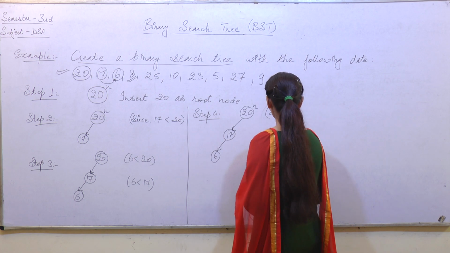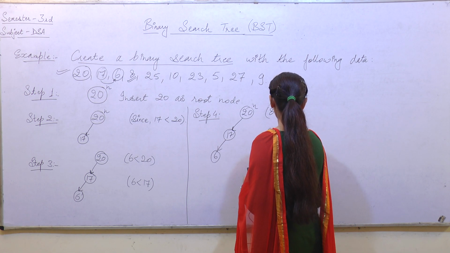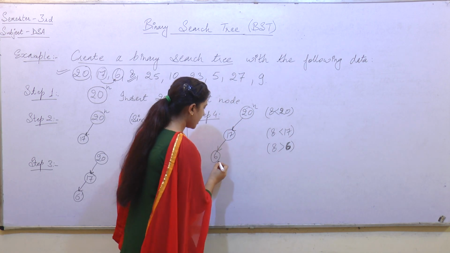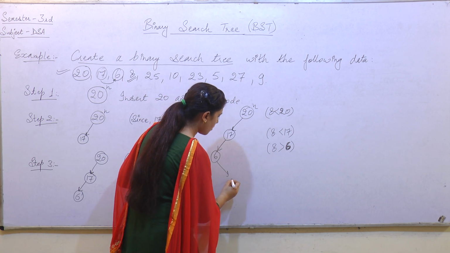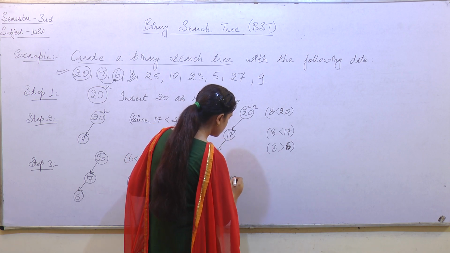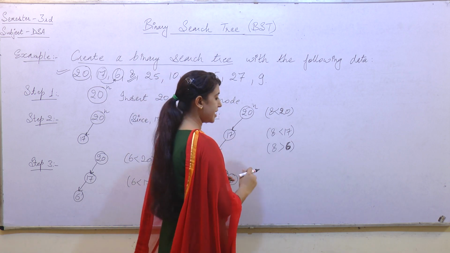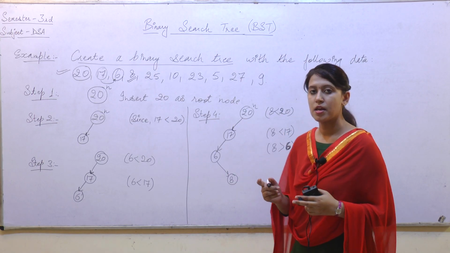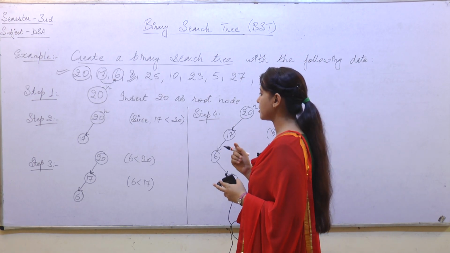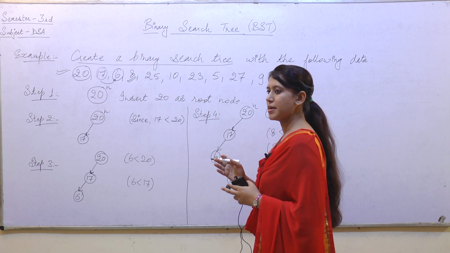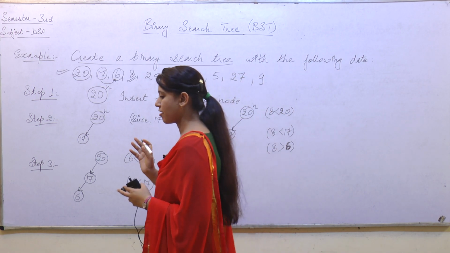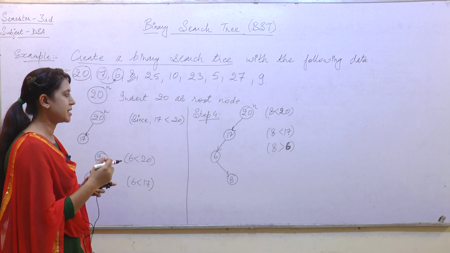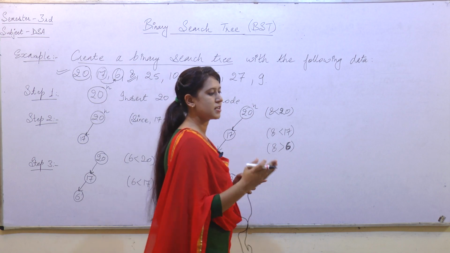So we will insert 8 on the right side of our node 6, because 8 is greater than 6 and the binary search tree contains the property that the elements smaller than the root node will always be inserted on the left side of the root node, and the elements greater than the root node will always be inserted on the right side.